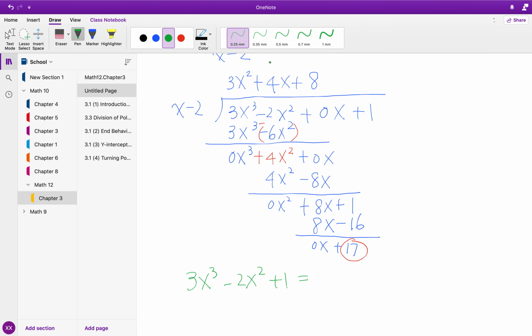That equals this one, x minus 2, as a matter of fact, I can write it at the beginning, multiplied by your quotient, 3x to the power of 2 plus 4x plus 8, and with a remainder of plus 17. So this is this.